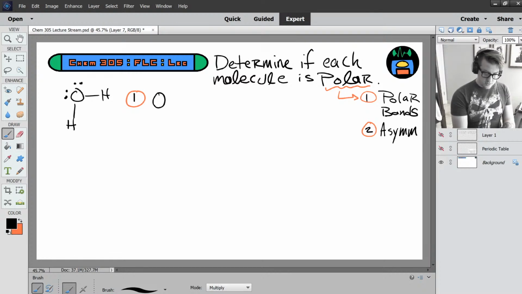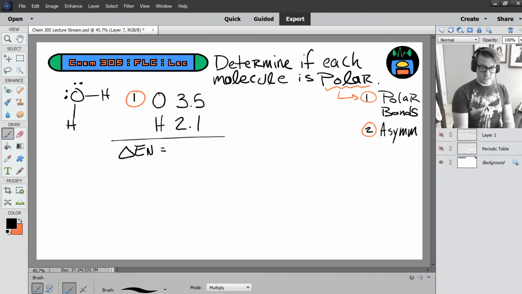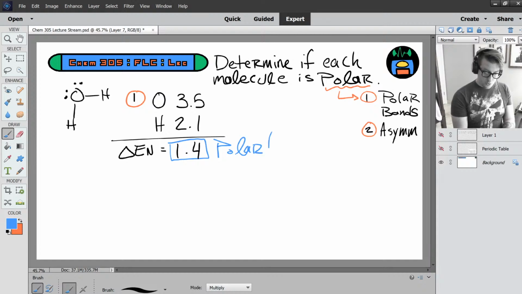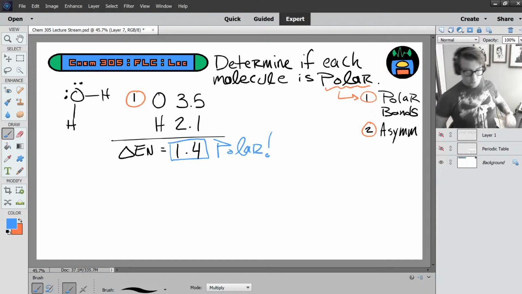Oxygen has an electronegativity of 3.5. Hydrogen has an electronegativity of 2.1. So the difference here in electronegativity, 1.4 as we calculated on the previous slide. So we have polar bonds. All right. Number one checks out.